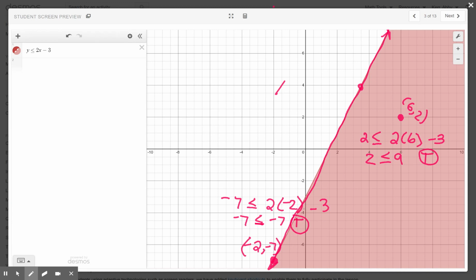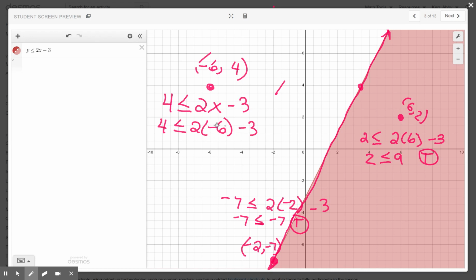Now, if you go to the other side where all this white space is, and you pick any ordered pair, let's pick -6, 4, you're going to get a false statement because it's not a part of the solution set. So this whole shaded area means every single one of those ordered pairs is an answer. So let's put -6 in.